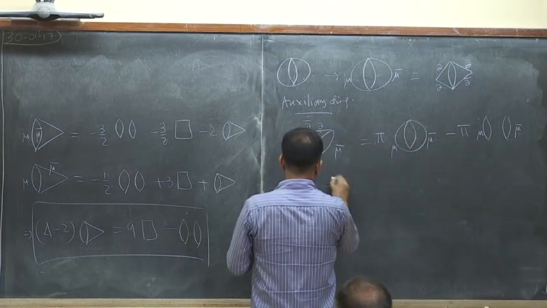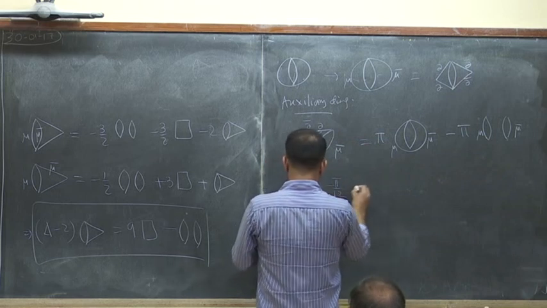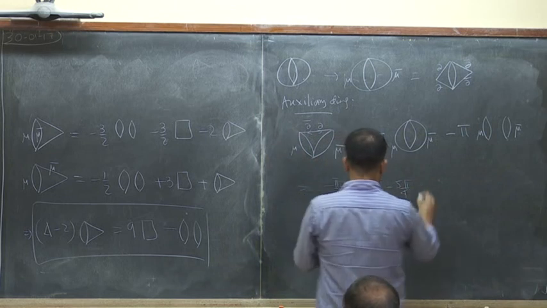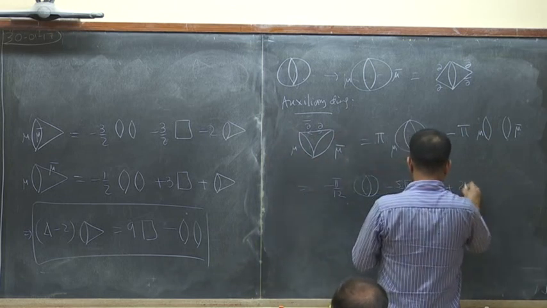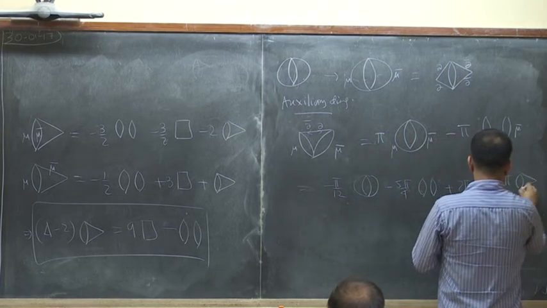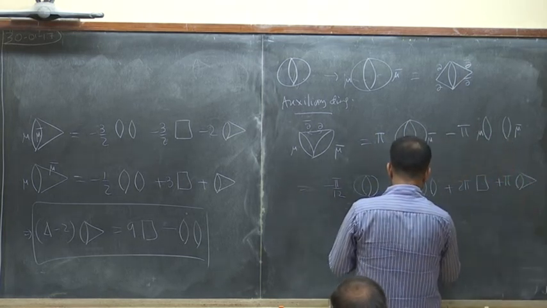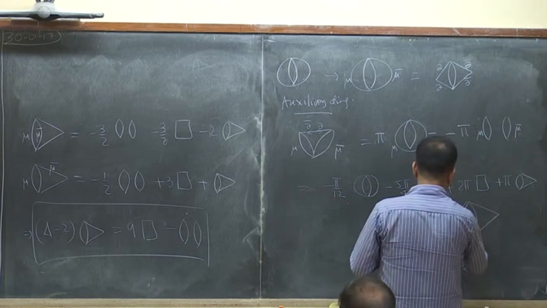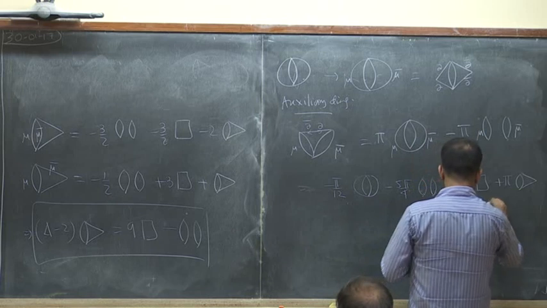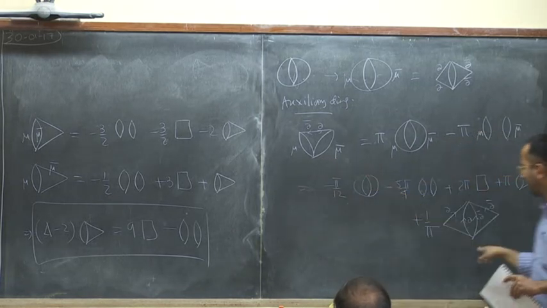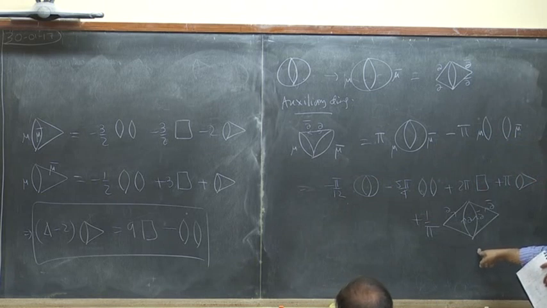I get minus pi by 12 this thing, minus pi by 4 this thing, plus 2 by this thing, plus another complementary term. I'm just going to draw it. This is del, del, del. So these are going to figure out everything if I can calculate this. That doesn't look very promising. But for this one, I need to use another auxiliary diagram.